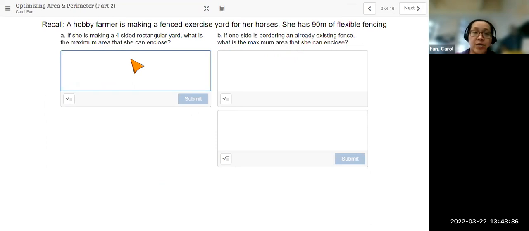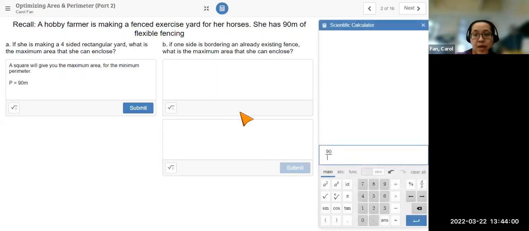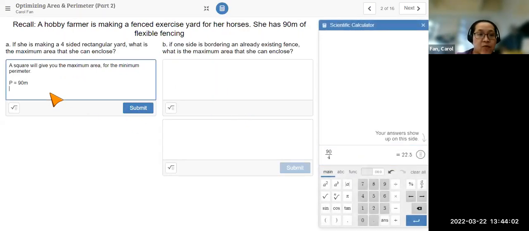Now, one thing we do know, we remember the principle that a square will give you the maximum area for the minimum perimeter. And so we have a perimeter of 90 meters. Let's divide it by 4 so that we can find the sides. 90 divided by 4.